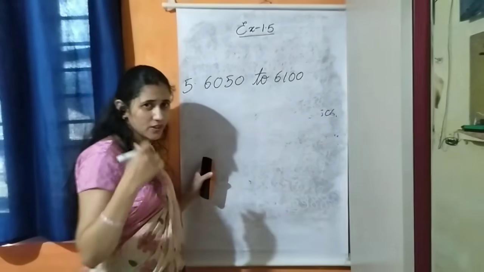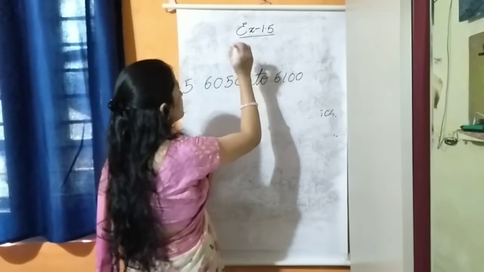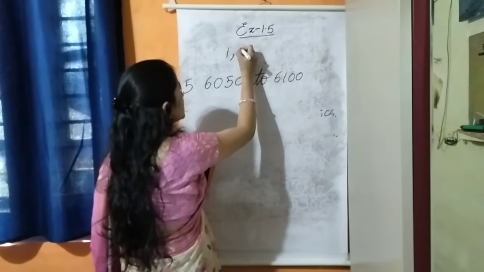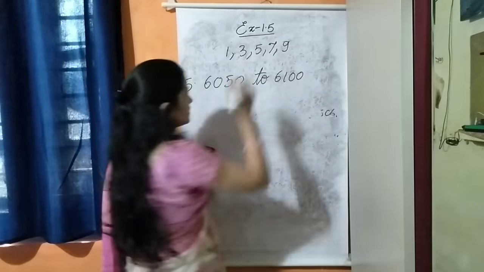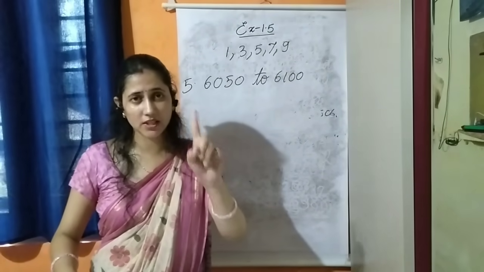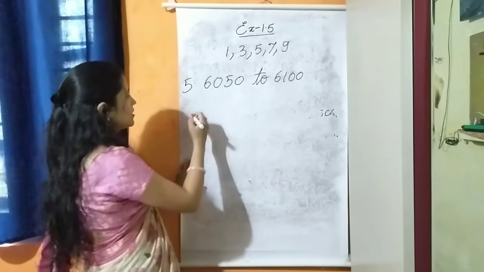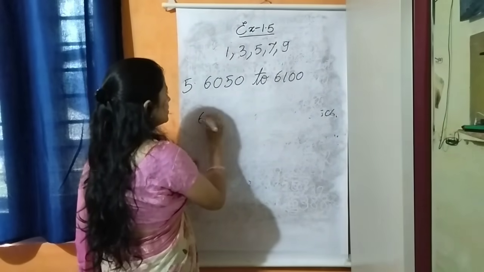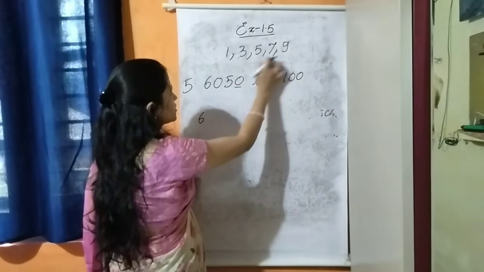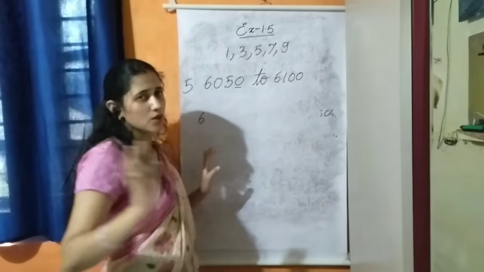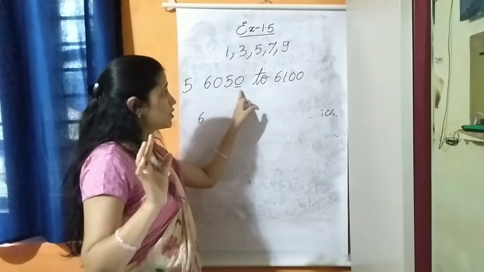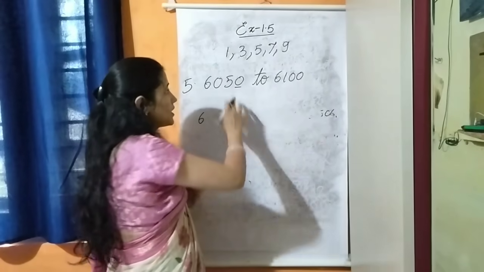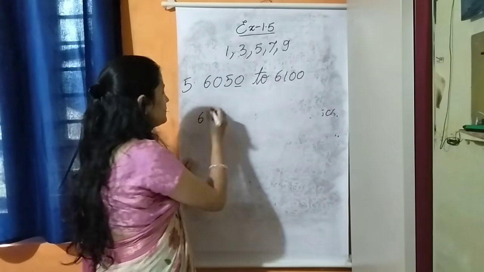So we have to find out the odd numbers. What we will see at ones place, if we get 1, 3, 5, 7, 9, then only the number is odd. Okay, so here 0 is at ones place, so this number is an even number, not an odd number.